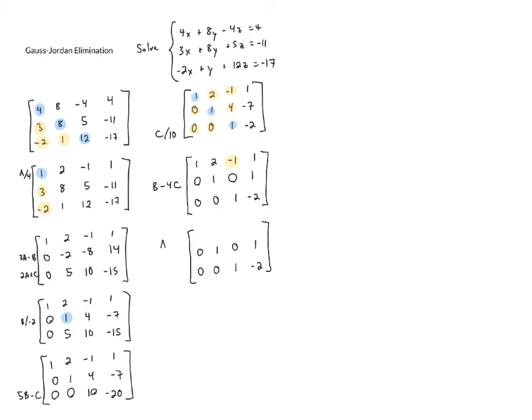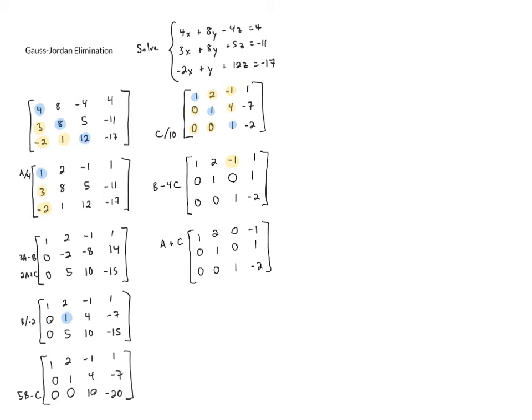So we're going to replace this first row, row A, with row A plus row C. When we do that, 1 plus 0 is still 1. 2 plus 0 is still 2. And then negative 1 plus 1 is 0. And 1 plus negative 2 is negative 1.